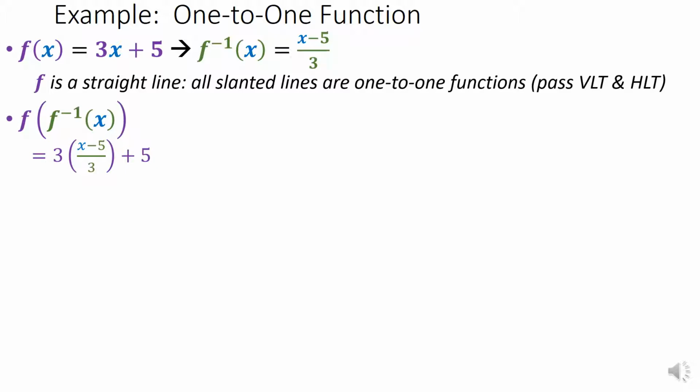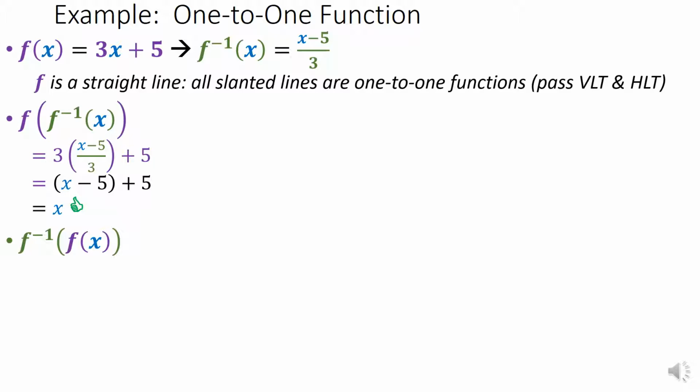Now the 3, the slope of the function f, is going to cancel with the 3 in the denominator of f inverse and leave us with x minus 5. And then we're still adding 5 to it. So the negative 5 and the plus 5 end up being 0, and we get just x. So when we compose a function and its inverse and we get just x, that has proven that it's an inverse in that direction.